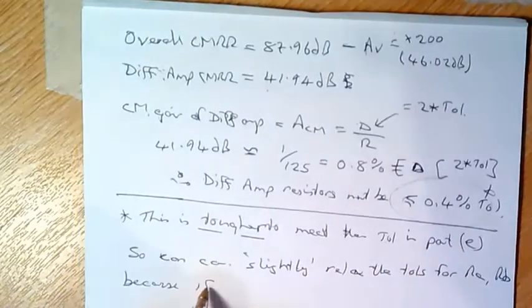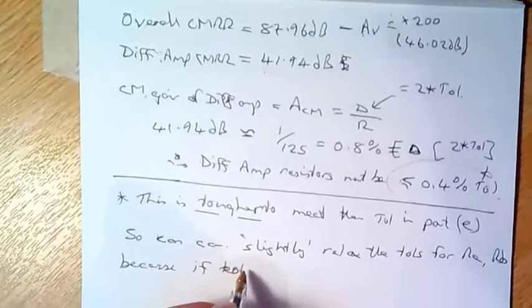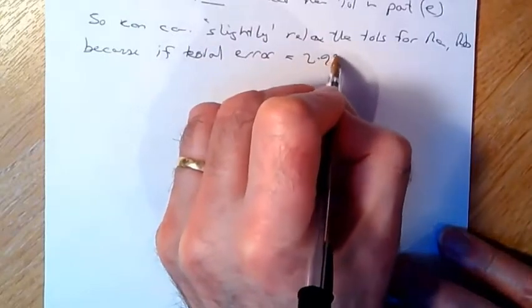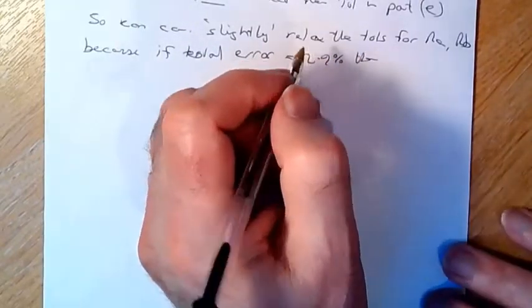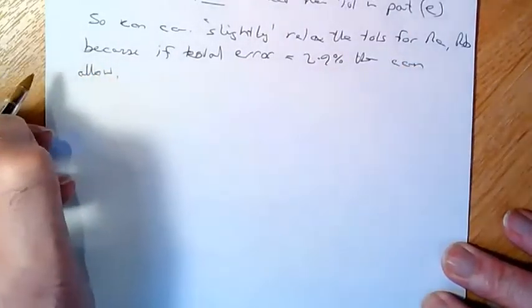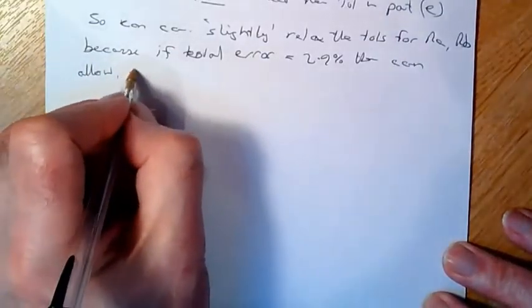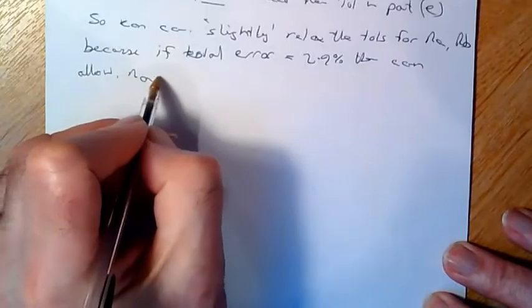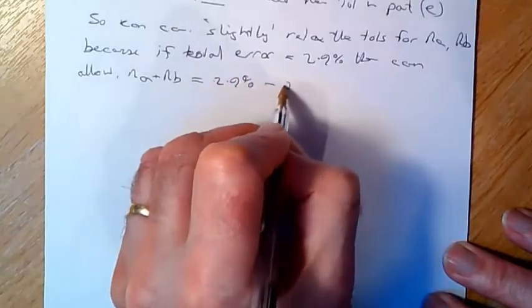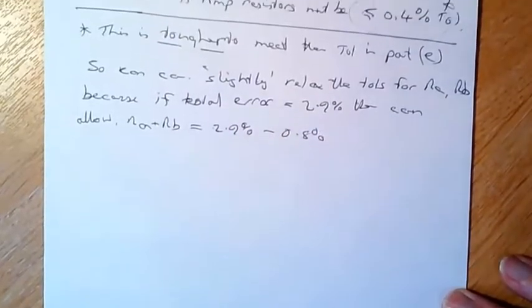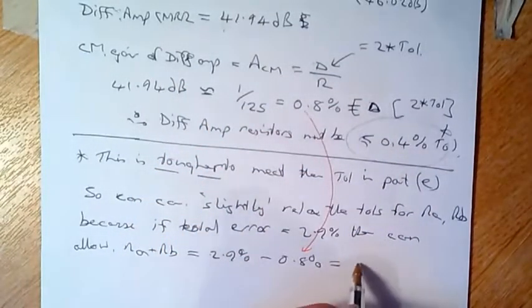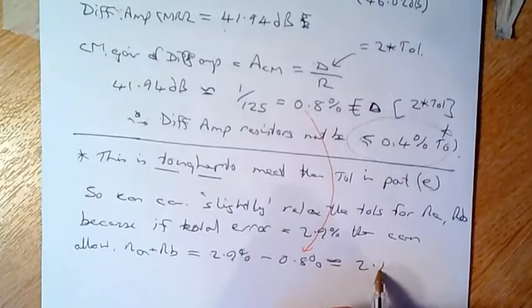because if total error equals 2.9%, then we can allow RA plus RB to equal 2.9% minus 0.8%, which is approximately 2.1%.